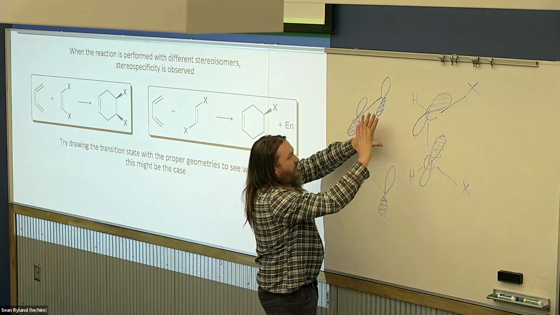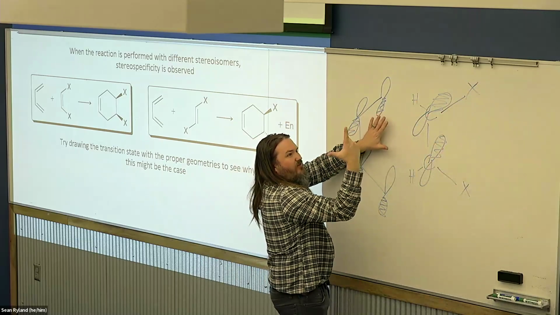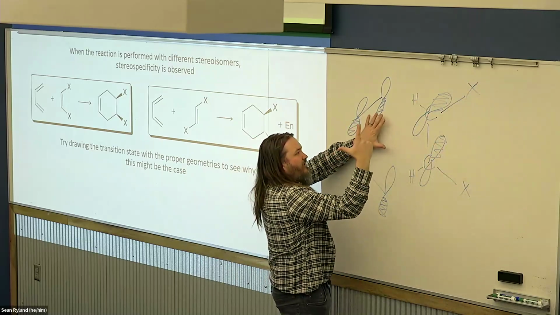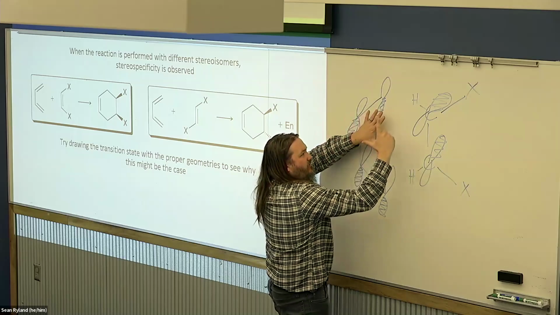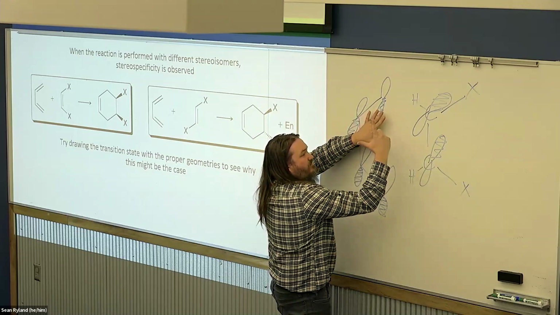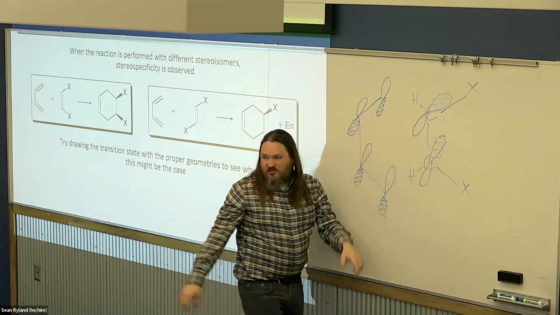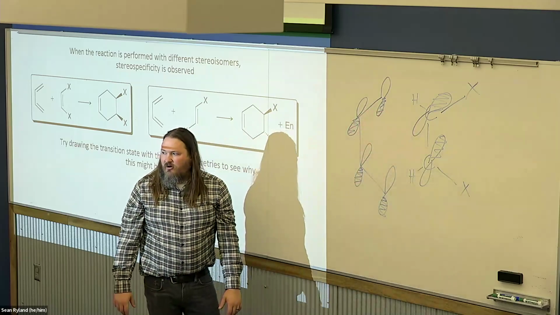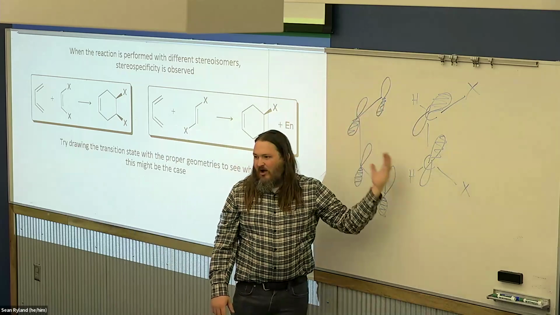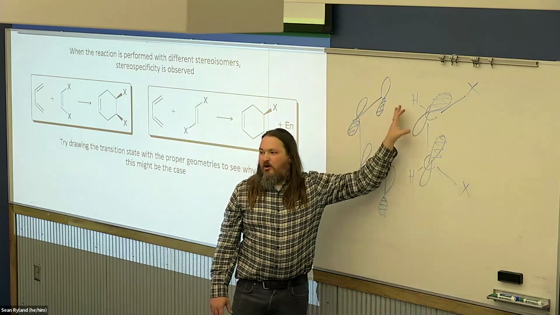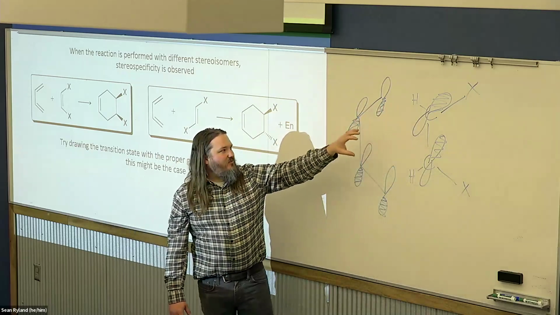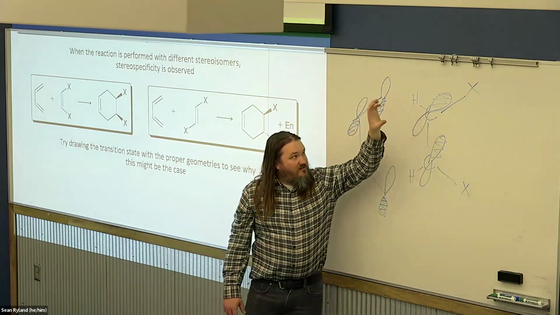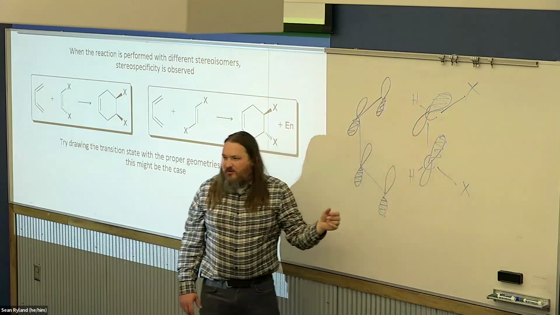your hydrogens are still going to be cis relative to each other, right? So if the hydrogens are my forefinger and my thumb, when I bring this in and set it down on top, they're still going to be in the same direction. And the X's are still going to be in the same direction as well. So regardless of whether it approaches from top or bottom, both carbons are tied together because they're bonded with this pi cloud, which means these substituents are locked into place as well.